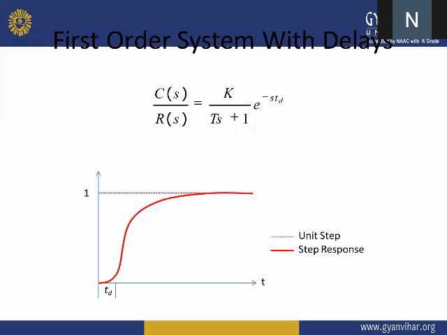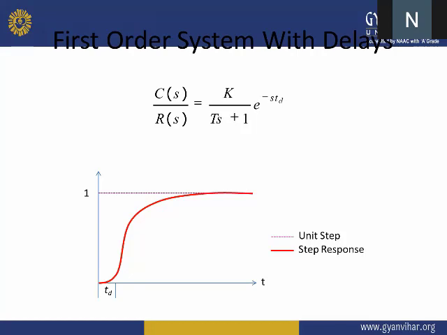Now, if we plot the step response with the unit step input, the step response will be provided in this graph. Look at this graph. Initially, when there is no time delay, the graph starts exactly from zero.